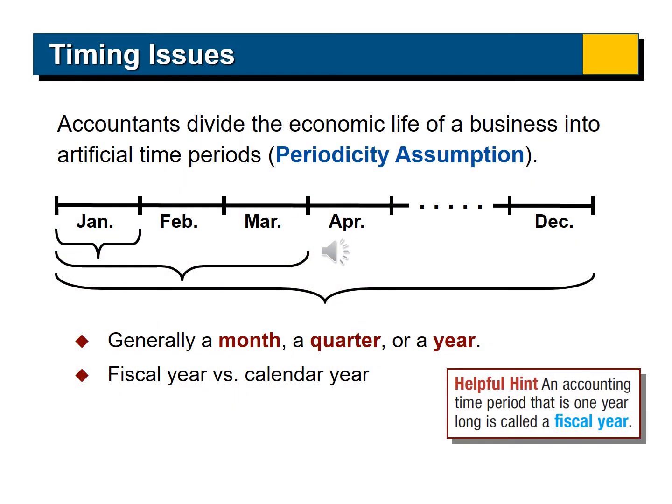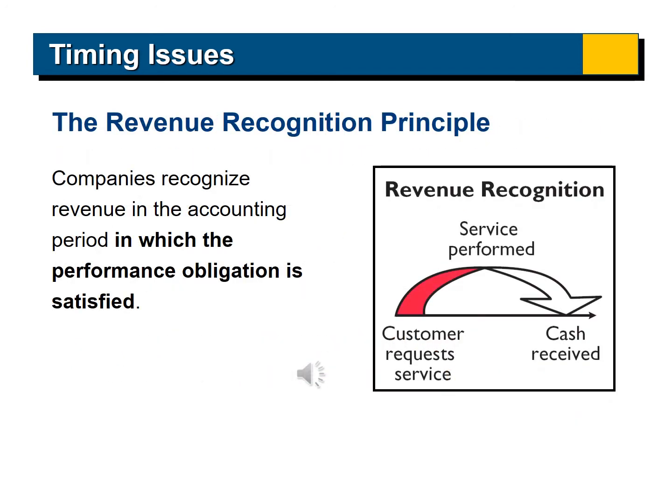For the purposes of accounting, accountants divide the economic life of businesses into artificial time periods, and they report the results of the operations for those artificial time periods. For example, a month or a quarter or a year, etc. There is something called the revenue recognition principle, which dictates that the revenue is considered as earned in the period when the obligations are satisfied.